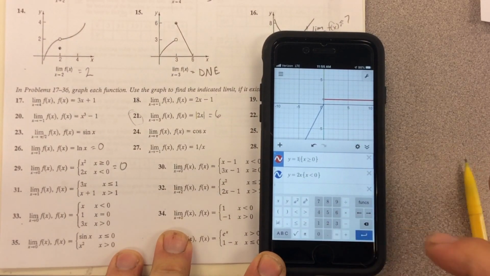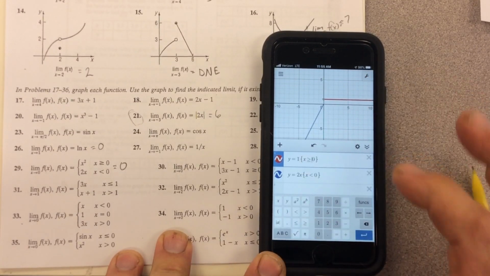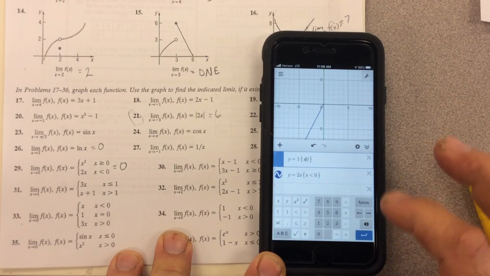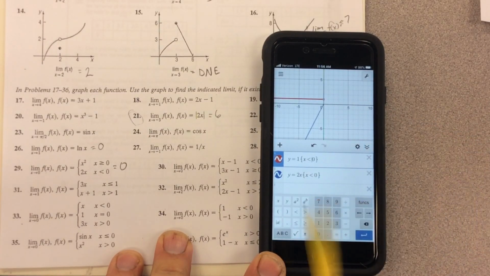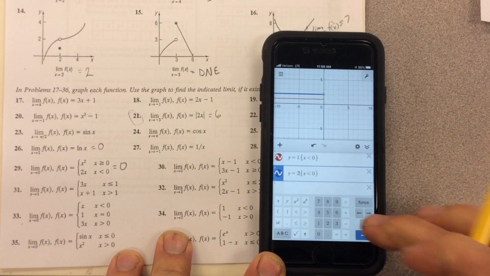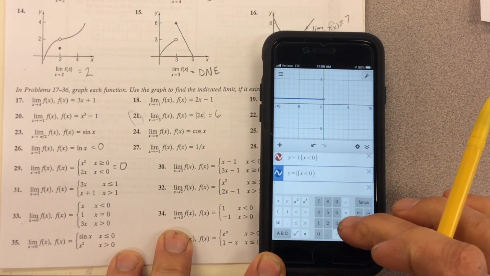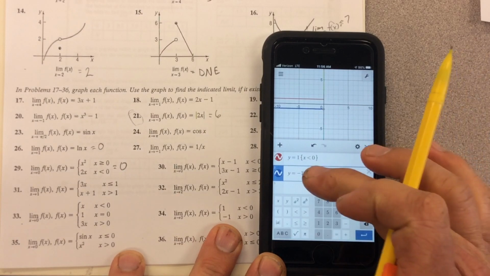F of x equals 1 for all x less than 0. So f of x equals 1 when x is less than 0, and f of x equals negative 1 for all x greater than 0.